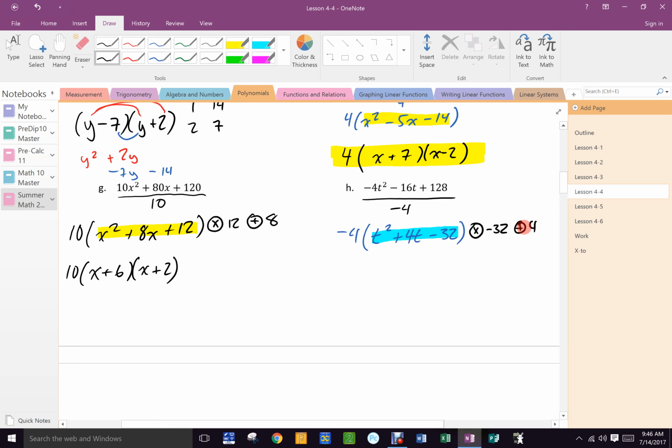Positive 8 minus 4, because I need positive. So I rewrite negative 4, and since that's negative, it's t plus, and we know it has to be 8, and t minus 4, because we know 8 minus 4 will get me 4, and 8 times 4 will get me negative 32. Is everybody good with the easy trinomial factoring?